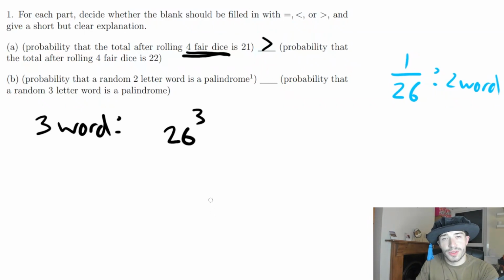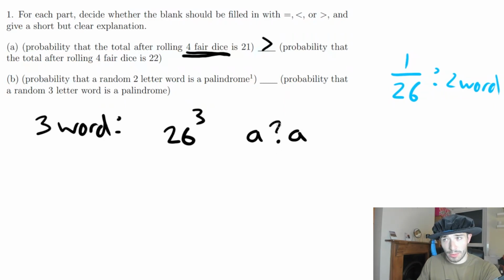26 cubed. Okay. Now, how many palindromes are there? Well, a palindrome would have to be the same forward as it is backwards. So say, for example, we've got this A question mark A. How many times can this style of palindrome occur?